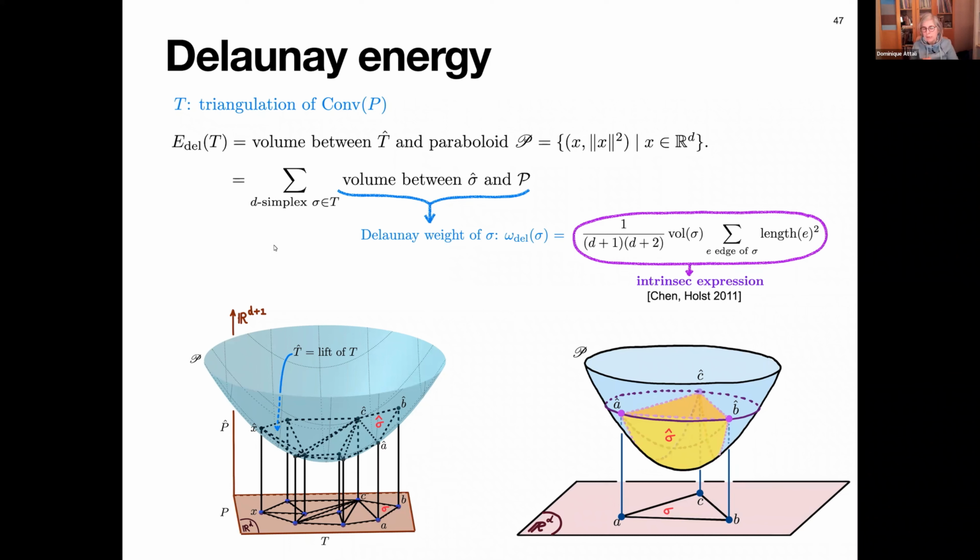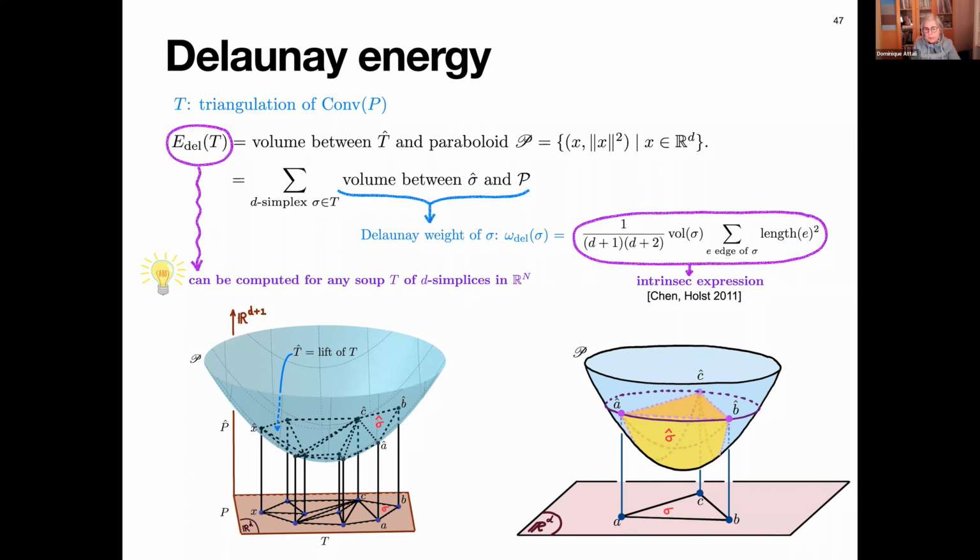And so it means that I've explained everything assuming that my point set P is in some d-dimensional Euclidean space, but actually I can take this formula and apply it to any soup of simplices that lie in some higher dimensional space, R^n. And this is intriguing.